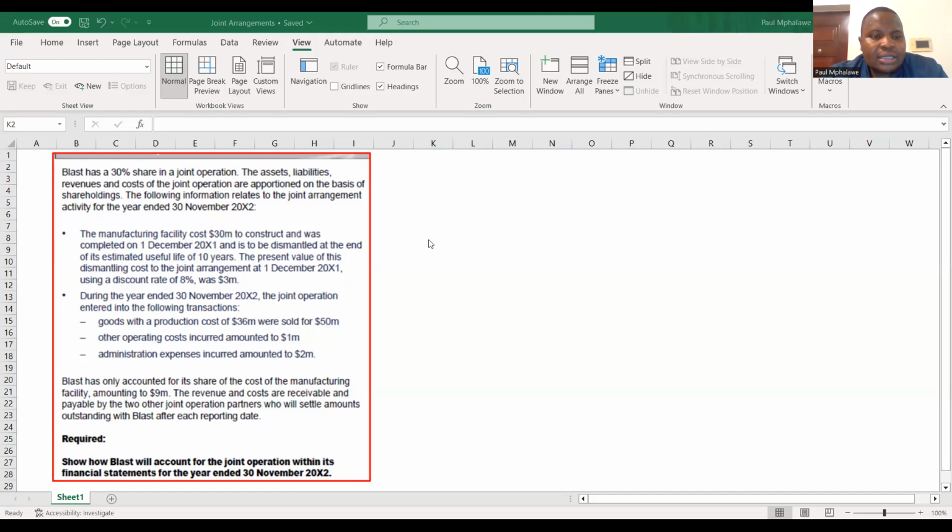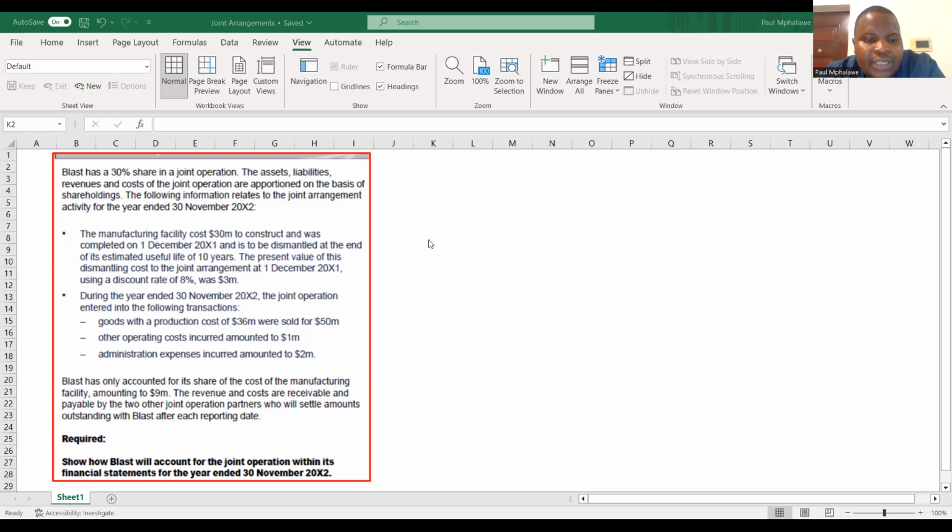Blast Limited has 30% share in joint operations. The assets and liabilities, revenue, and cost of the joint operation are apportioned on the basis of shareholding capacity. The following information relates to the joint arrangement activity for the year ended 30 November 2022.